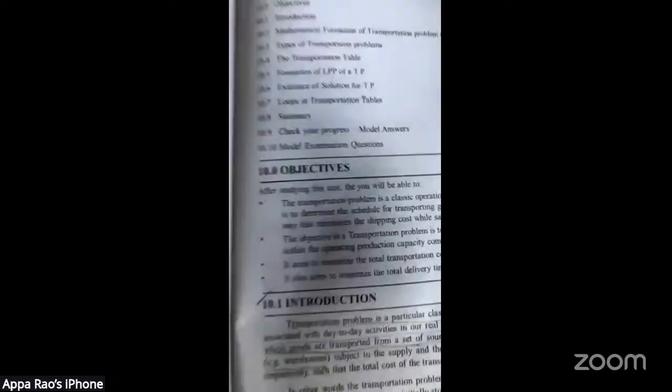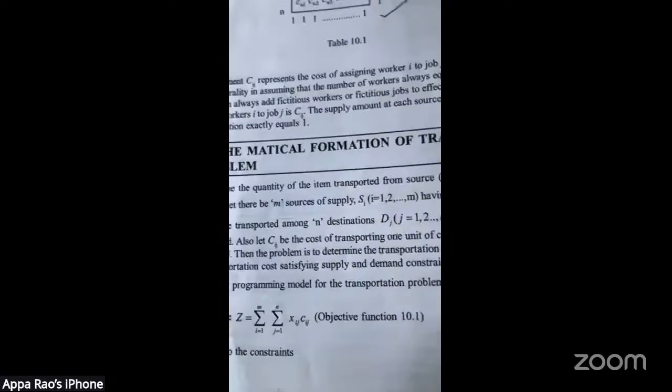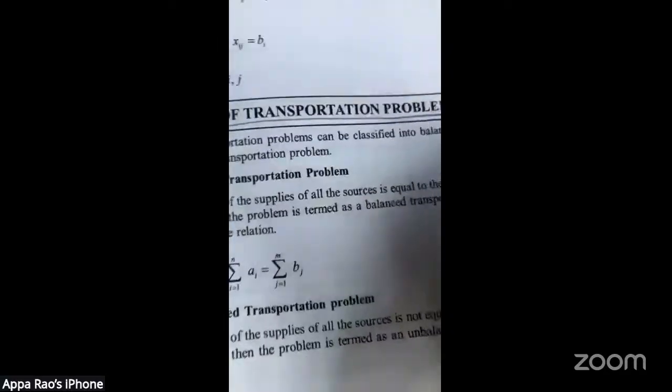So, a summary of what we discussed today: transportation and assignment problem. We discussed an introduction and mathematical formulation of the transportation problem, and types of transportation problems.